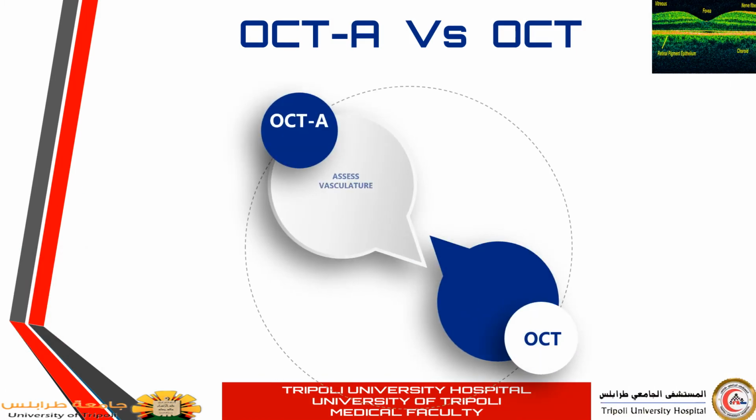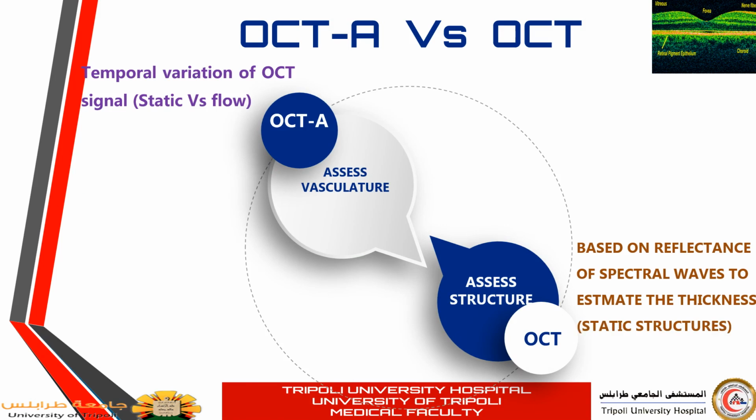In brief, OCT angio, in contrast to the structural standard OCT, is based on the principle of motion contrast detection, and hence it detects the flow signals. So it concentrates on moving particles or moving structures within the eye, that is the red blood cells. So OCT angio adds to or extends the spectrum of the traditional OCT to include the vasculature.